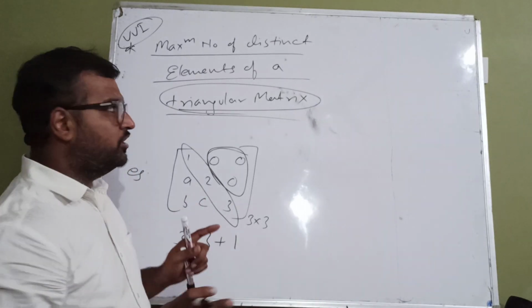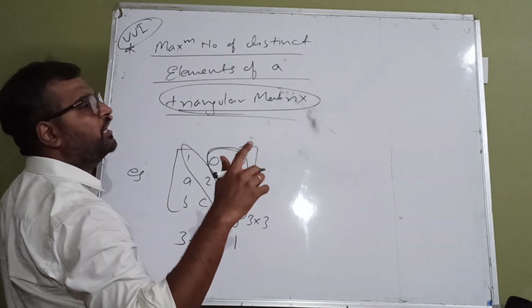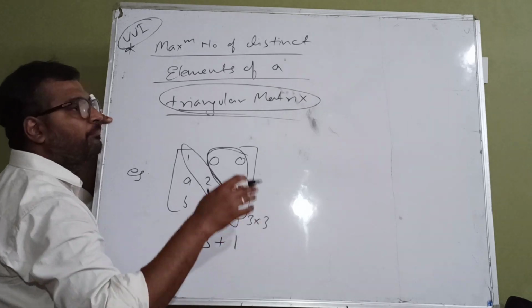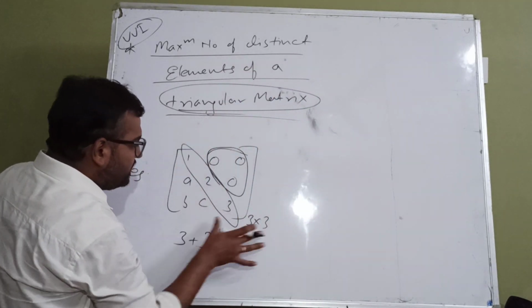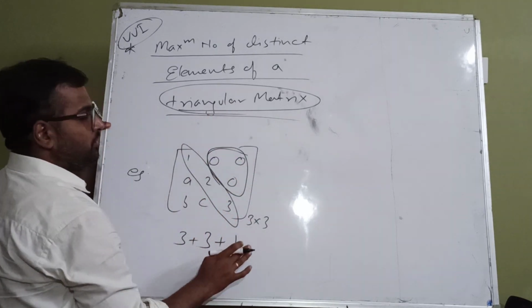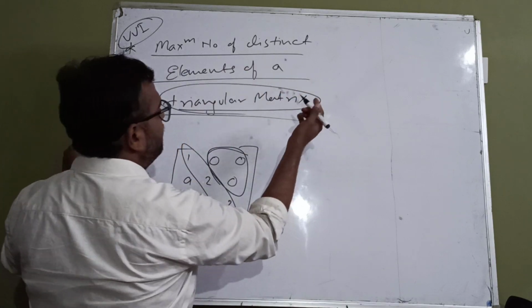Is the question clear now? What the question asks is: if a square matrix of order n by n is there, then what is the maximum number of distinct elements that can be there? This is the question. Now let us see the general formula.